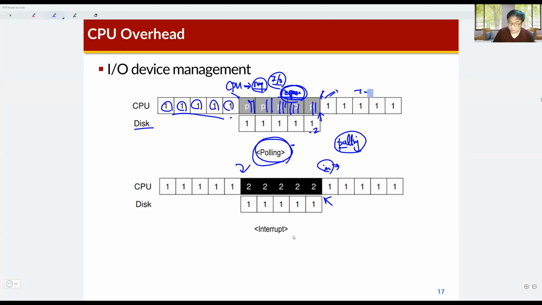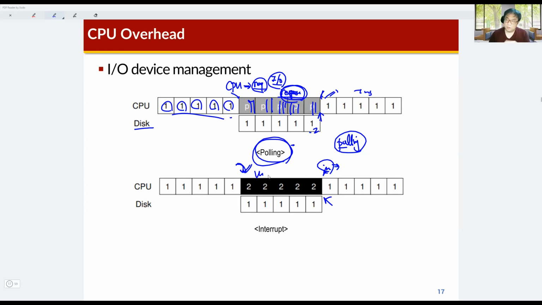And in the interrupt-based control, the CPU raises the interrupt and then gives the request to the hard disk drive. Then the CPU waits until the interrupt is raised by the hard disk drive. So the CPU does not care about the status of this hard disk drive.